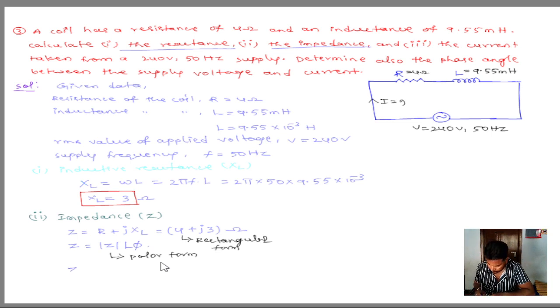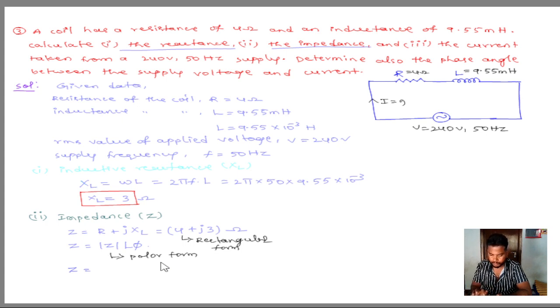Then Z is equal to, by using the calculator, I'm just converting rectangular coordinates into polar coordinates. I'm selecting shift and then select polar. Okay, I want polar values. I need to enter the x and y values here.